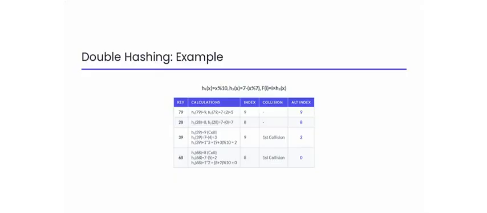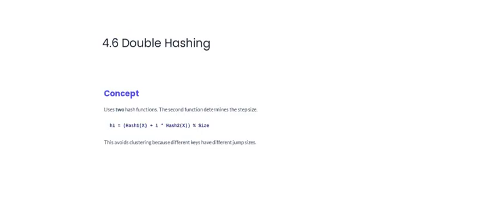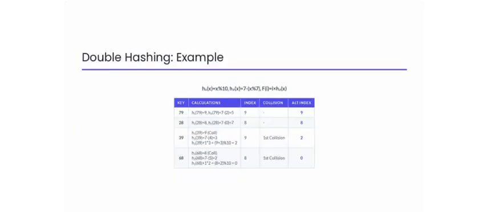For 39, collision occurs. So what we are going to do is calculate the second hashing there. See here, the second hashing is calculated using the table size. See here, x modulo 10 for the first hashing, and this is for the second hashing, and finally we will be getting the value there.